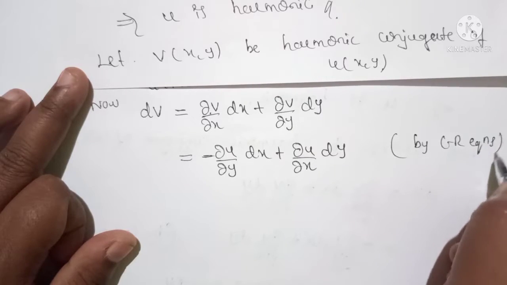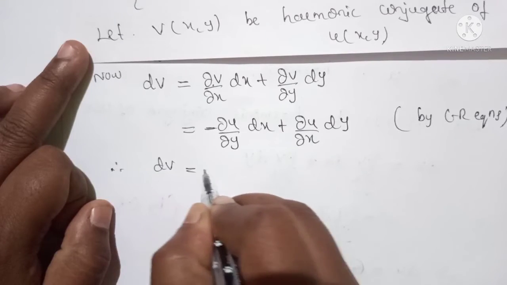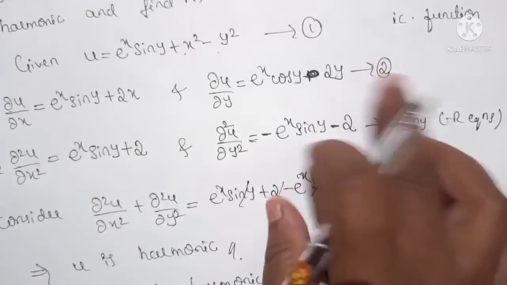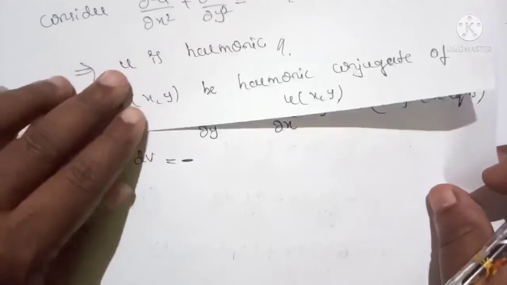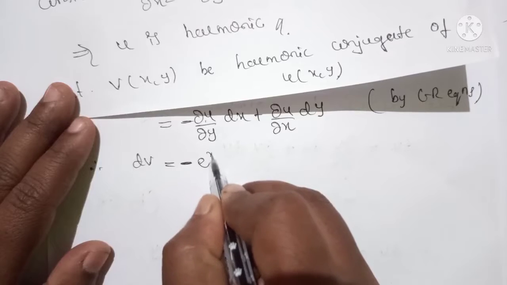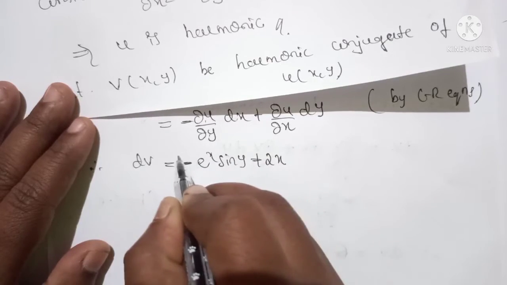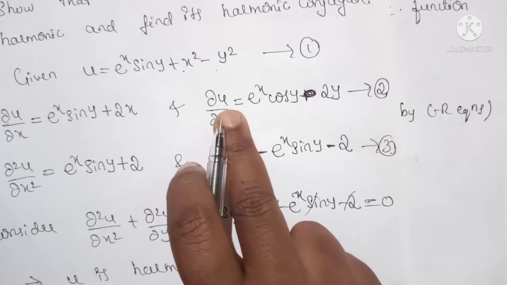Okay. Now therefore dv can be written as minus dou u by dou y, whose value we substitute from equation 2. Sorry, first we have to substitute the dou u by dou y value.